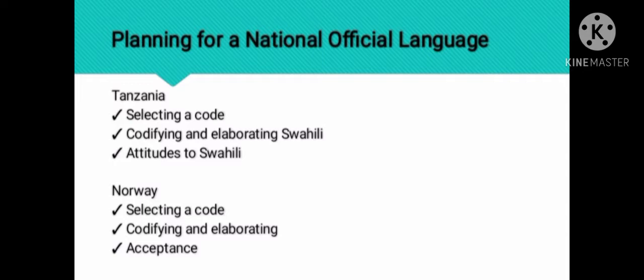Tanzania, selecting a code. Tanzania faced the dilemma of which language to choose as its official national language. Choosing English for a newly independent nation seemed inappropriate. The first president of Tanzania, Julius Nyerere, chose Swahili, a language of the Bantu language family.